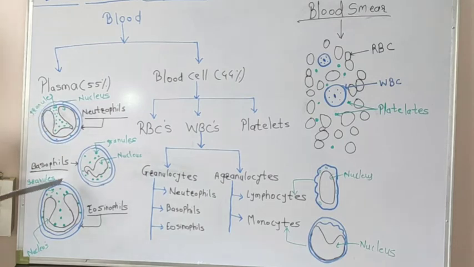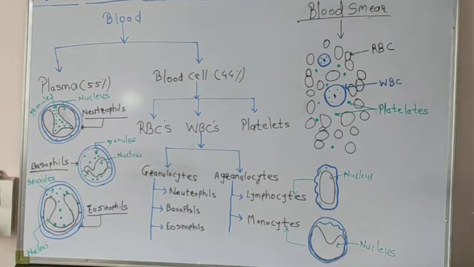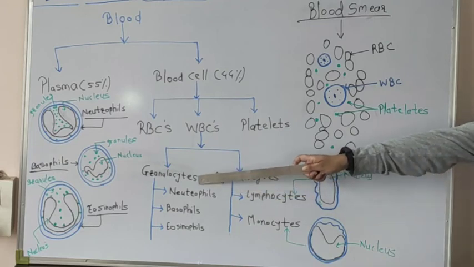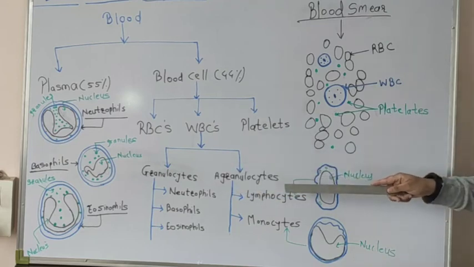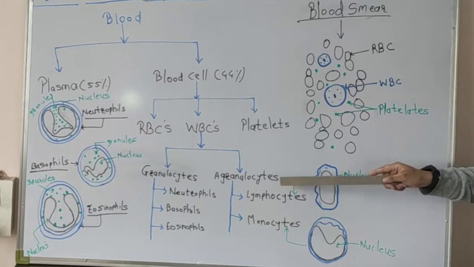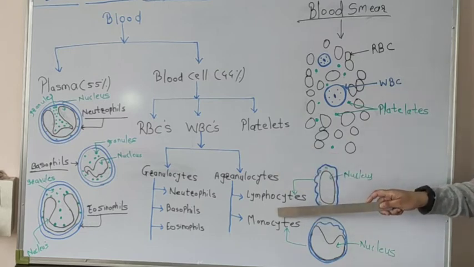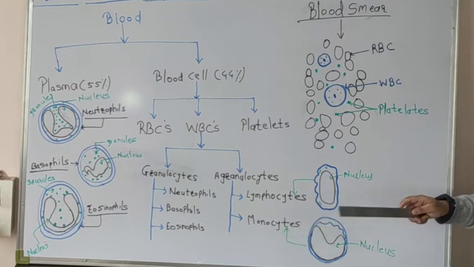So this is all about granulocytes. Now we will see the agranulocytes. I have already told you that 72% are granulocytes and the remaining 28% are agranulocytes. These agranulocytes get divided into lymphocytes and monocytes.